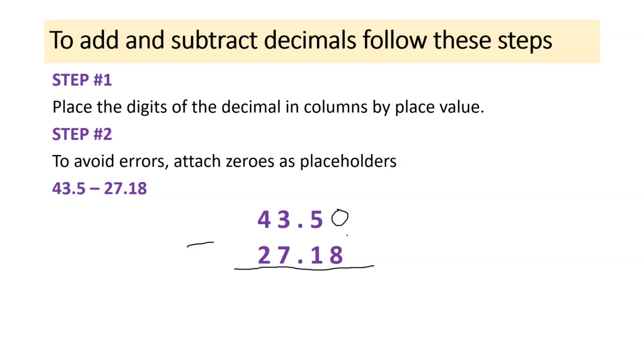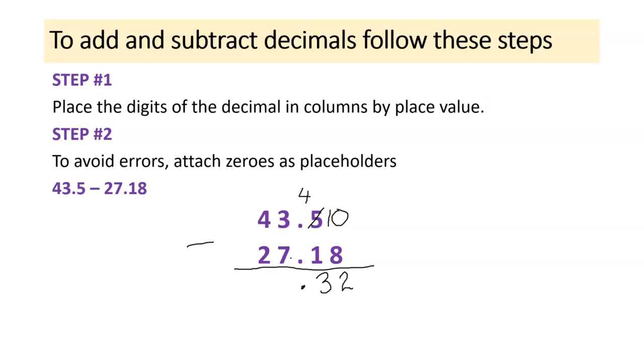I cannot subtract the 8 from the 0, so I need to borrow from 5. 5 is going to become 4 and 0 is going to become 10. 10 minus 8 is 2. 4 minus 1 will be 3. Bring down the decimal as is.